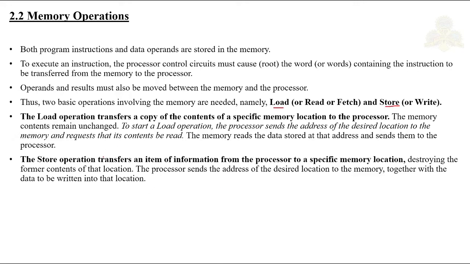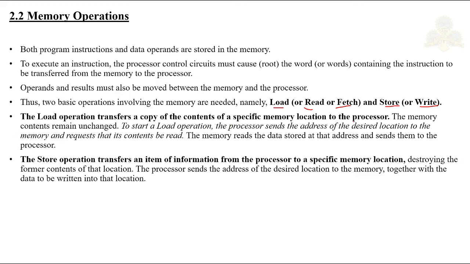This load operation is also called read or fetch. Store is also called the write operation. Now we'll see how this load and store work. The load operation transfers or copies the content of a specific memory location to the processor.